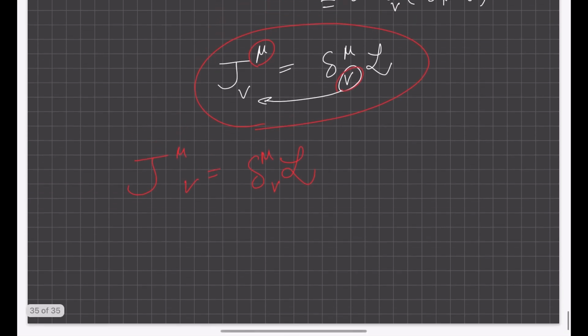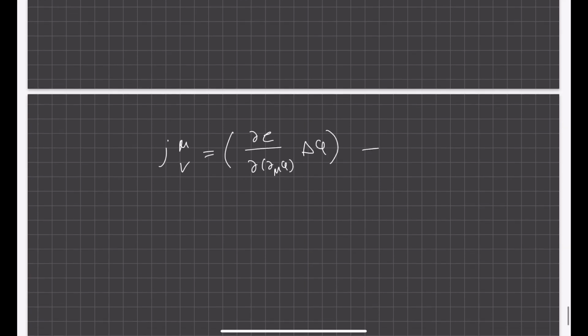So now I just write down J mu nu. So now I have, for my conserved current, I should also use this dummy index here. So now I have the derivative of the field times delta phi minus J mu.